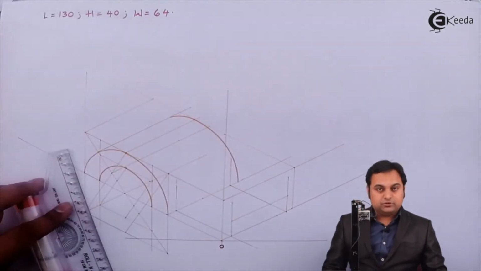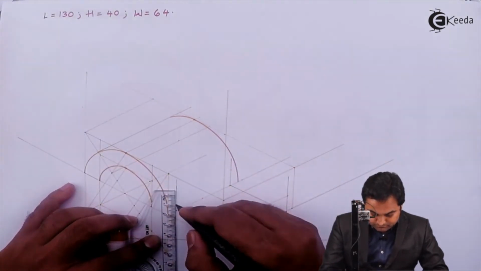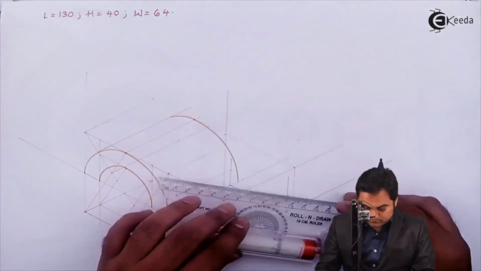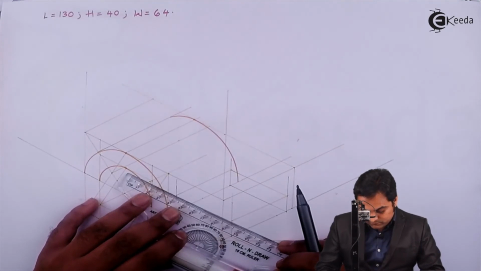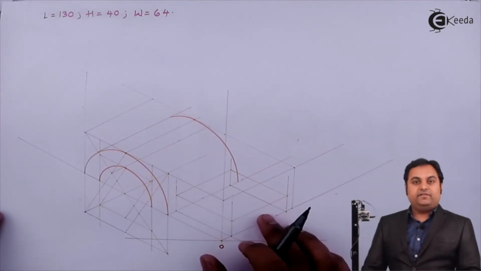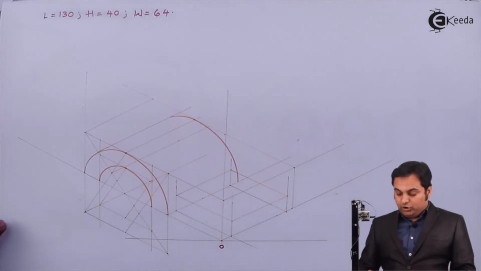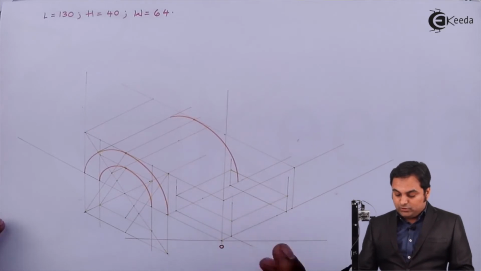From these points also I'll be marking 15 mm height. So here is the parallelogram, or the disc inside which I would be drawing the semicircle, which is visible from top, having 50 mm sides throughout.